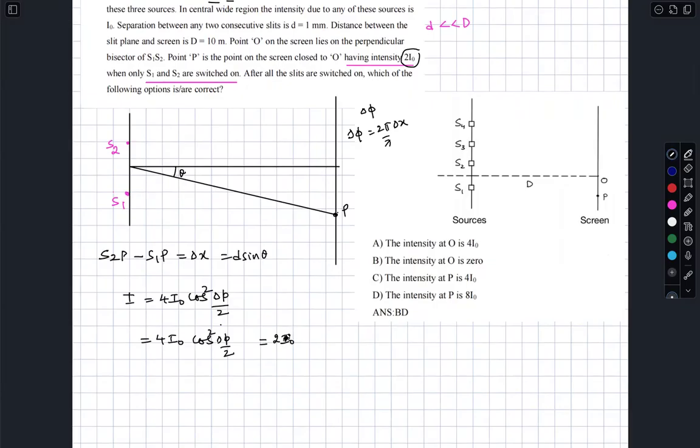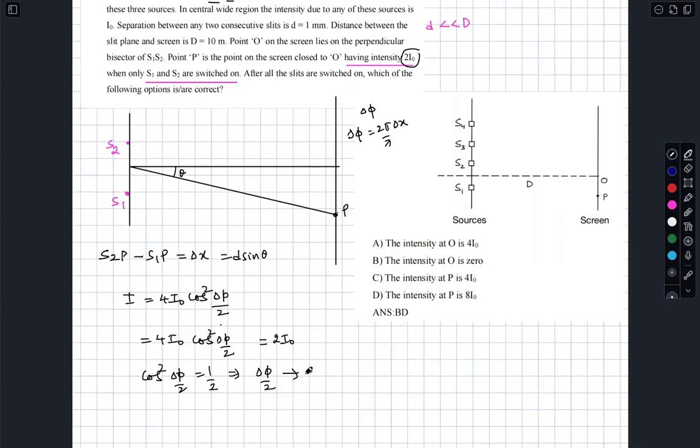Which clearly implies cos square delta phi by 2 is 1 by 2. Implies cos of delta phi by 2 is plus or minus 1 by root 2 actually.